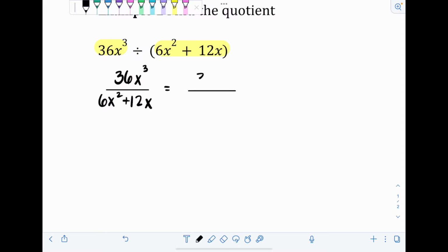So I'm just going to copy over the 36x cubed, and then from 6x squared plus 12x, I can check for greatest common factor. Both the coefficients 6 and 12 are divisible by 6, so I can factor out a 6. And for the x's, there's an x squared and an x to the first power.